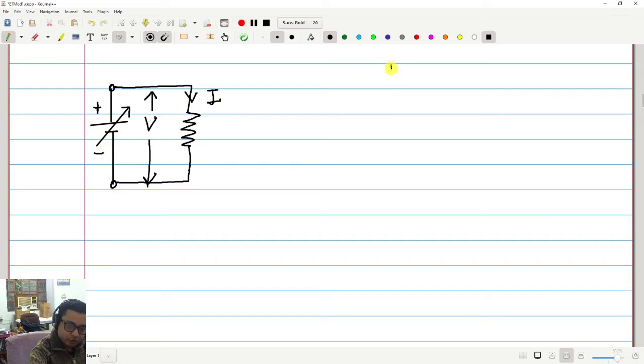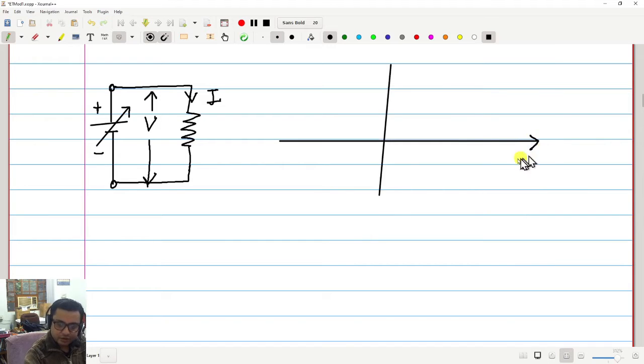Then with those readings, I plot a graph. Suppose the y-axis is the voltage and the x-axis is the current through the resistance. This is R. Then how will the graph look?